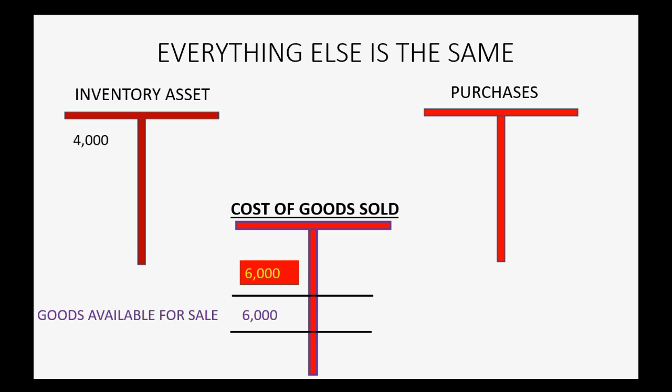And if we imagine we had $4,000, we would put a debit to represent the ending inventory in this month, which is the beginning inventory in the next month, and then make a balancing credit to cost of goods sold. And in this example, the cost of goods sold at the end of the first month would be $2,000.